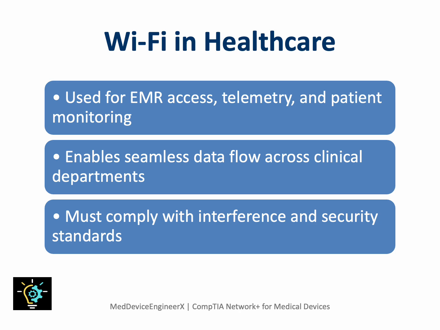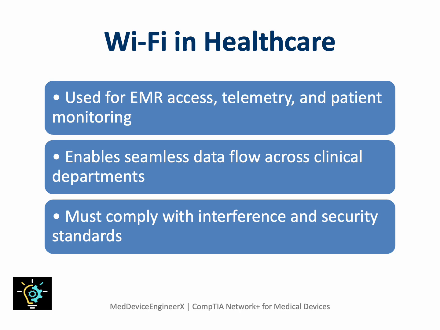Wi-Fi is the most common wireless network in hospitals. It allows clinicians to access electronic medical records, control devices, and receive alerts anywhere within coverage. However, Wi-Fi networks in healthcare must be designed carefully. Interference from medical equipment, dense structures, or overlapping channels can cause packet loss, data loss. Security is also paramount.